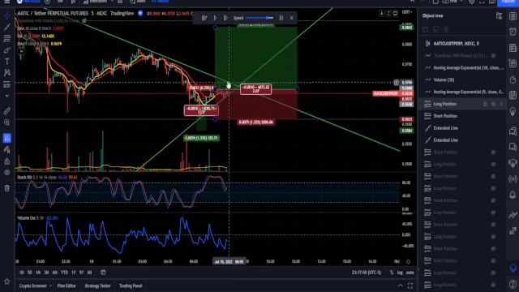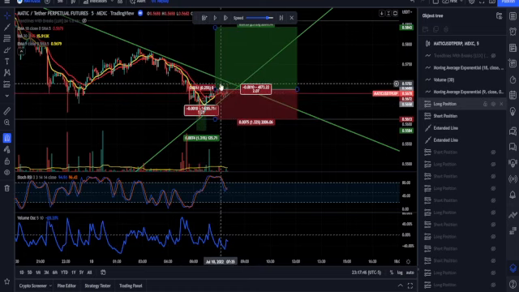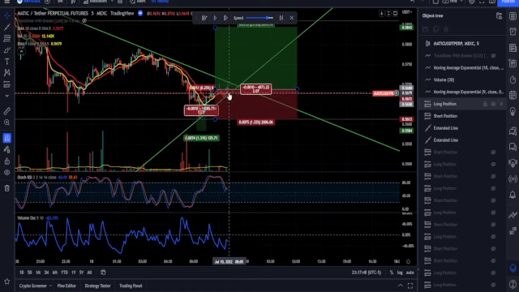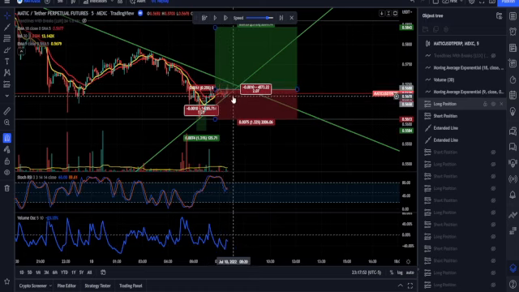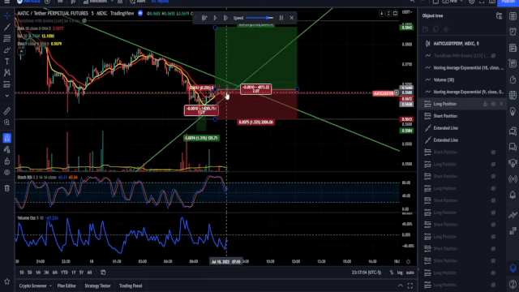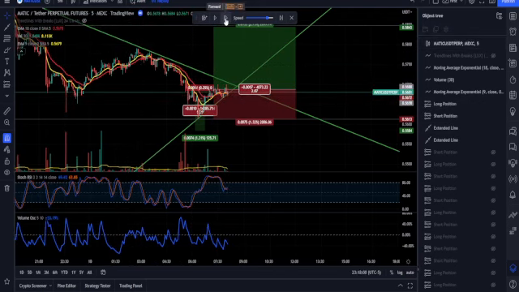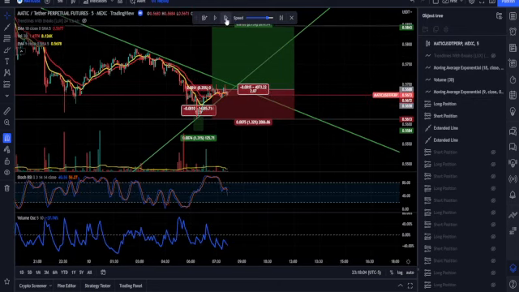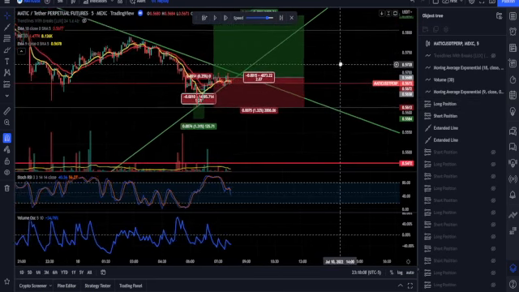We just now rejected off the main trend, so it's a pretty good bet that if we break trend here, we're coming on down, and we need to look for our next trade. Alright, and we did not close below. And this one right here, we closed below.